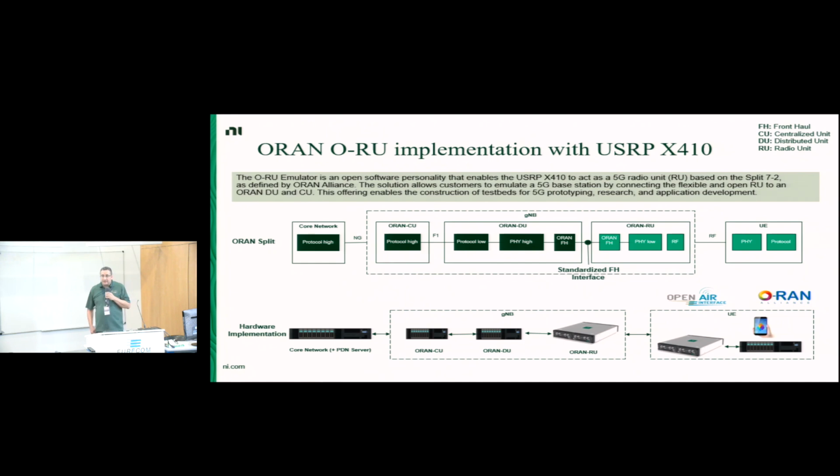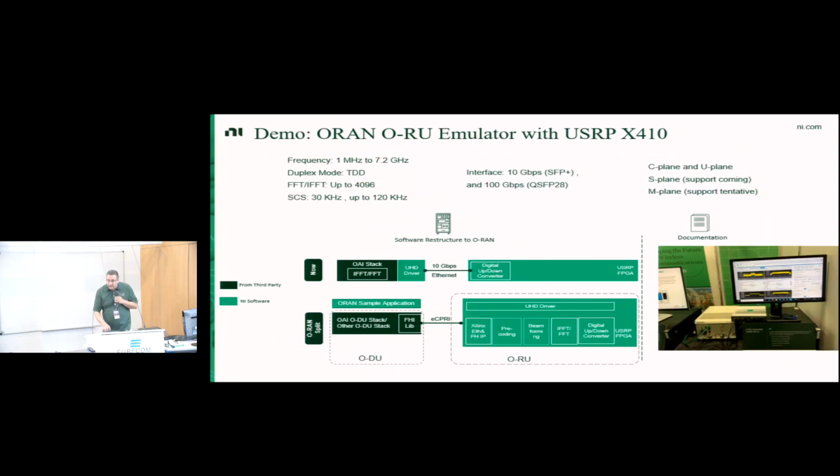I'll talk next about the ORU. We're currently working very actively on implementing an OpenRU with the USRP X410 radio. And so we've taken the split 8 monolithic configuration and taken the 7.2 split and put the low physical layer functions, the low PHY functions, on the FPGA of the X410 and have added an eCPRI interface for the DU.